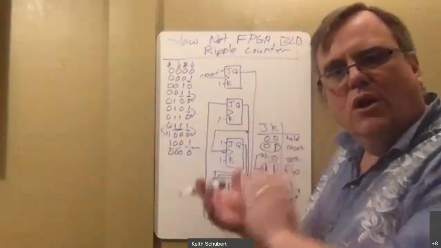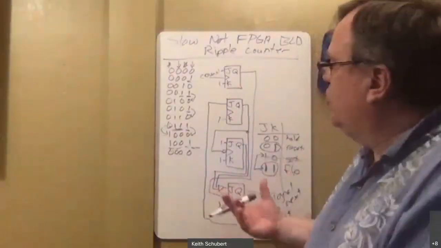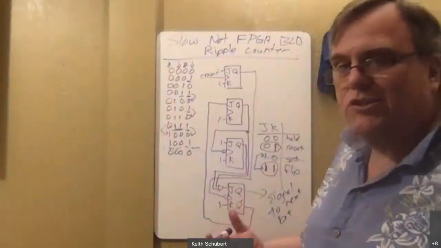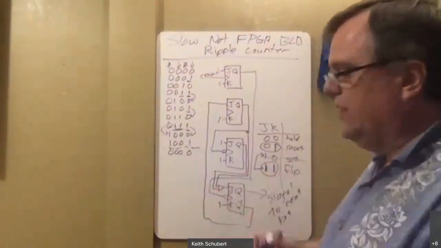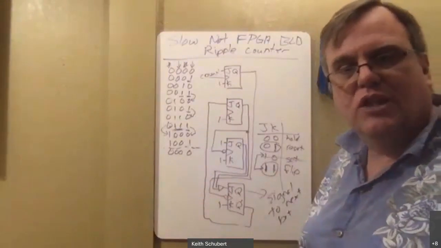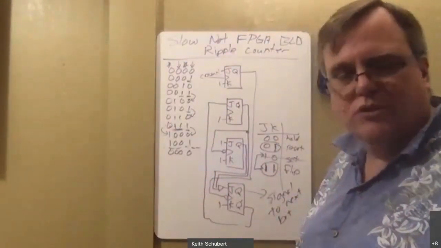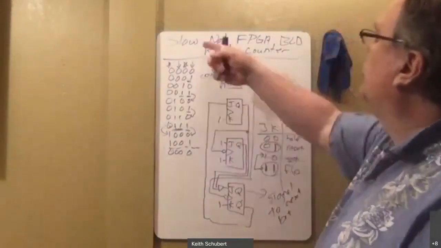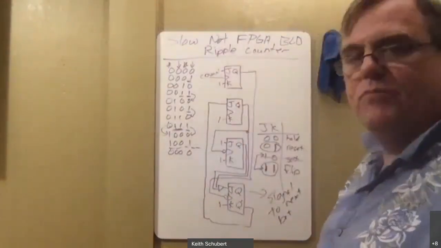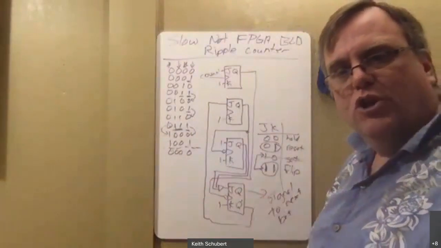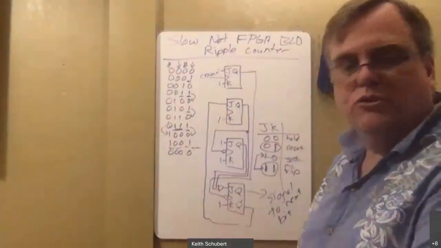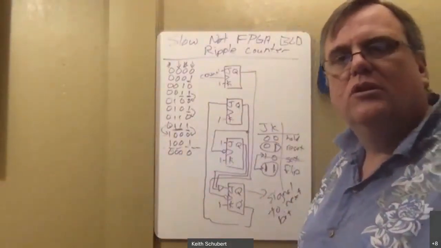Okay. But it's a quick, easy way. There are a lot of slow signals out there. There's no reason not to take advantage of a nice design if you're building individual components for a slow, not FPGA system.